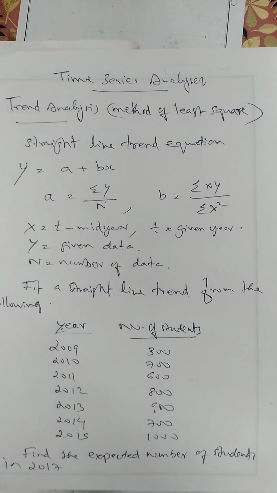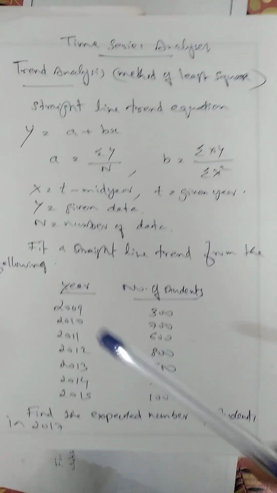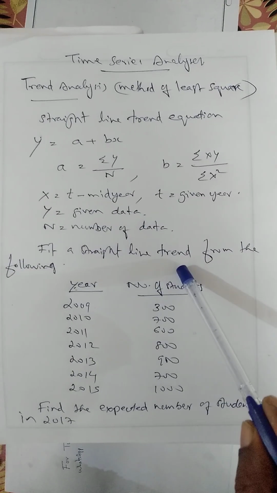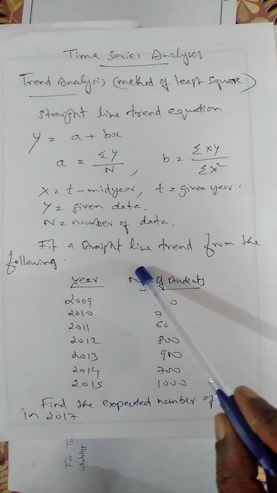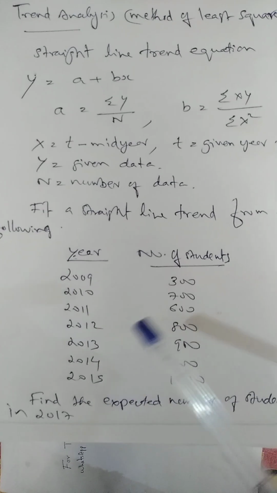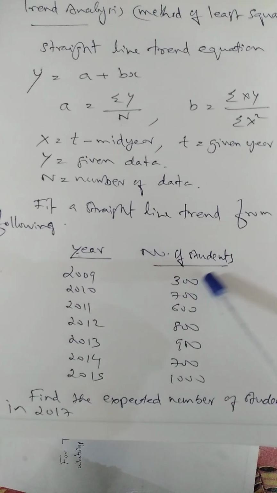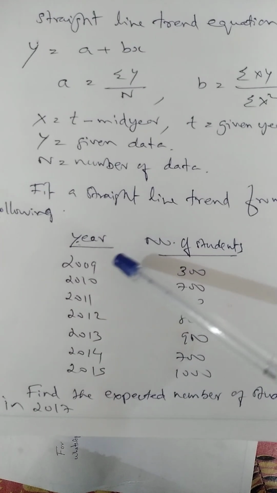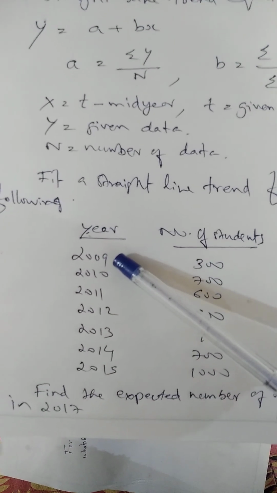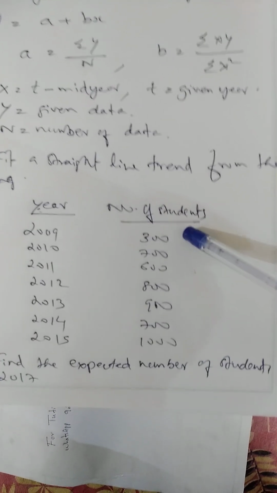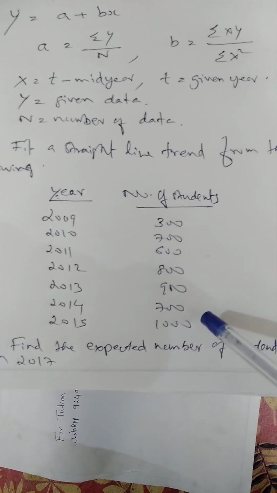Then come to a question. Here is a question. Fit a straight line trend from the following. Some data are given. Two columns are here, year and number of students. See, year is marked from 2009 to 2015, and number of students of each year is also given.